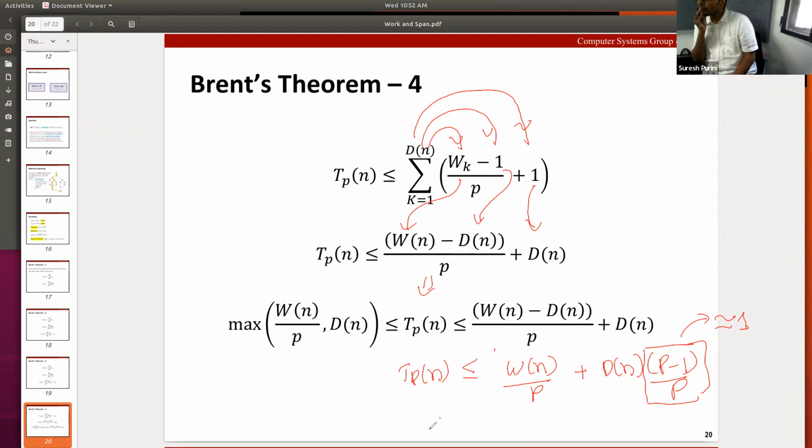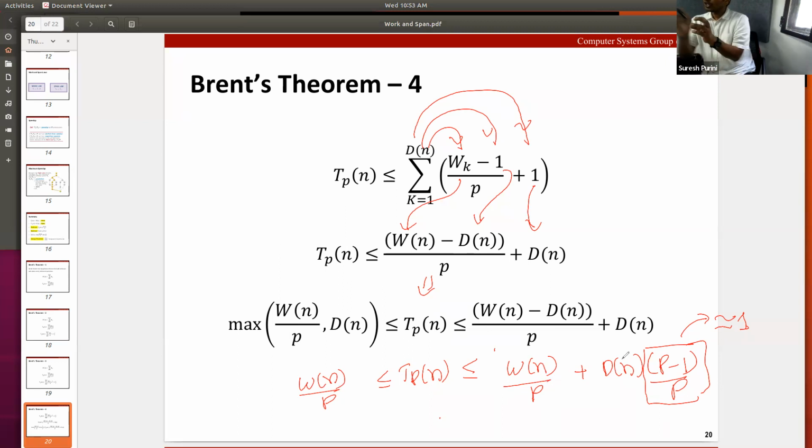Are you all with me here? It turns out that the upper bound and the lower bound are within a factor of 2. You can see in the lower bound, definitely W of n by p is there, and in the upper bound we have W of n by p plus d of n.